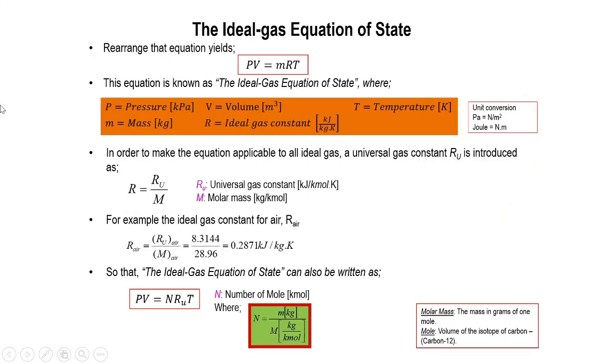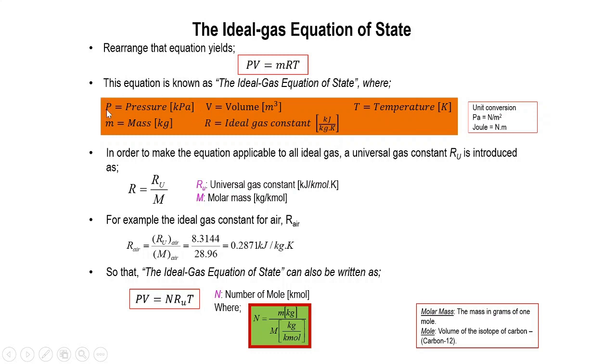So we arrange the equation. We get PV equals mRT, where pressure P is in kPa, volume in meter cubed, temperature in Kelvin, mass in kg, and the gas constant in kilojoule per kg dot Kelvin.